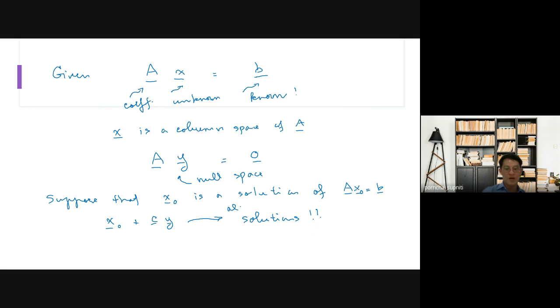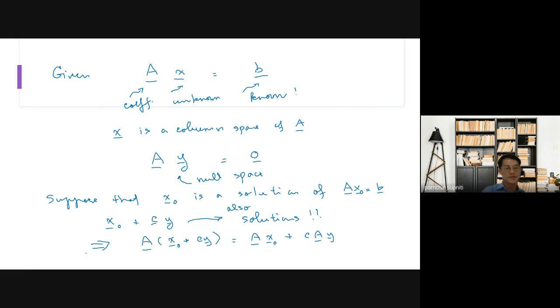This is because if we multiply A with x0 plus cy, where x0 is a particular solution and y is a vector in the null space, and expand it, I get Ax0 plus c Ay.